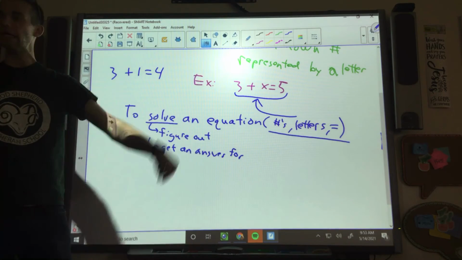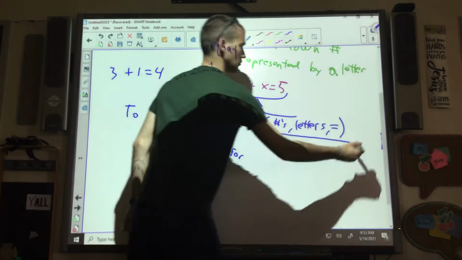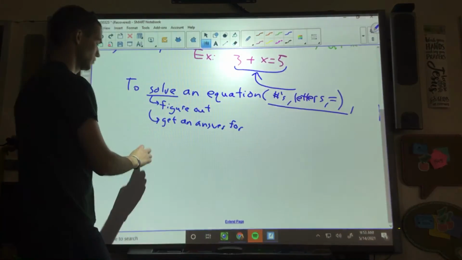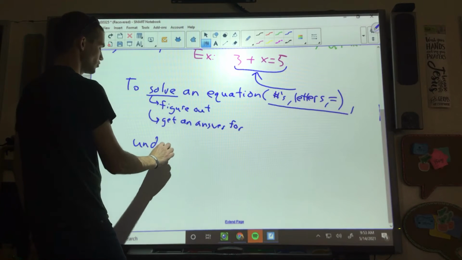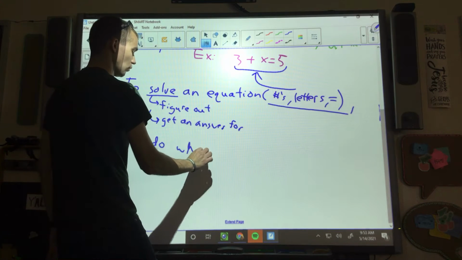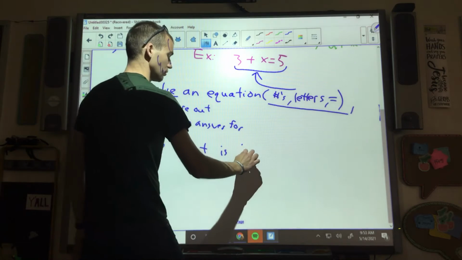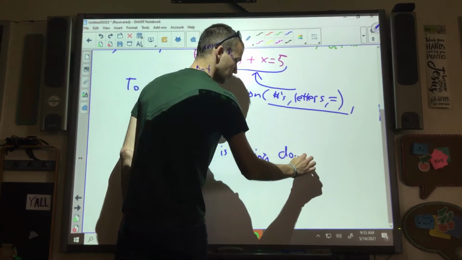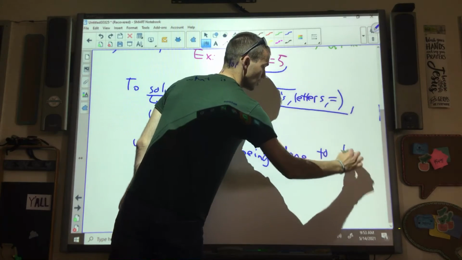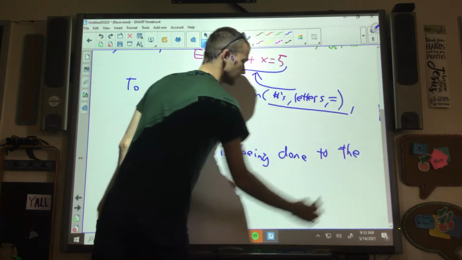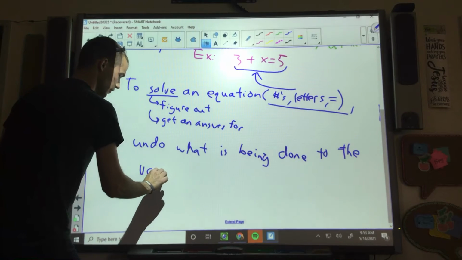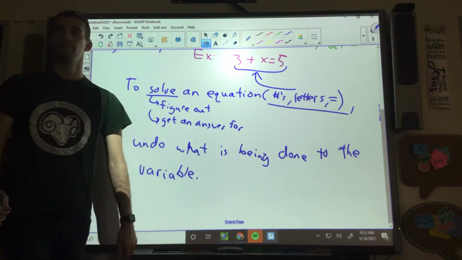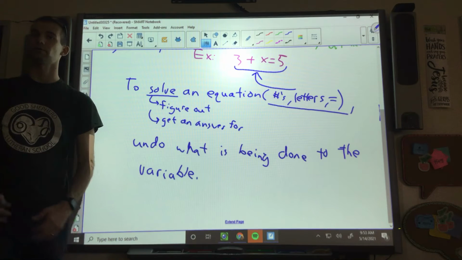To solve an equation, undo what is being done to the variable. Alright, copy that down. Give me a thumbs up when you're done.